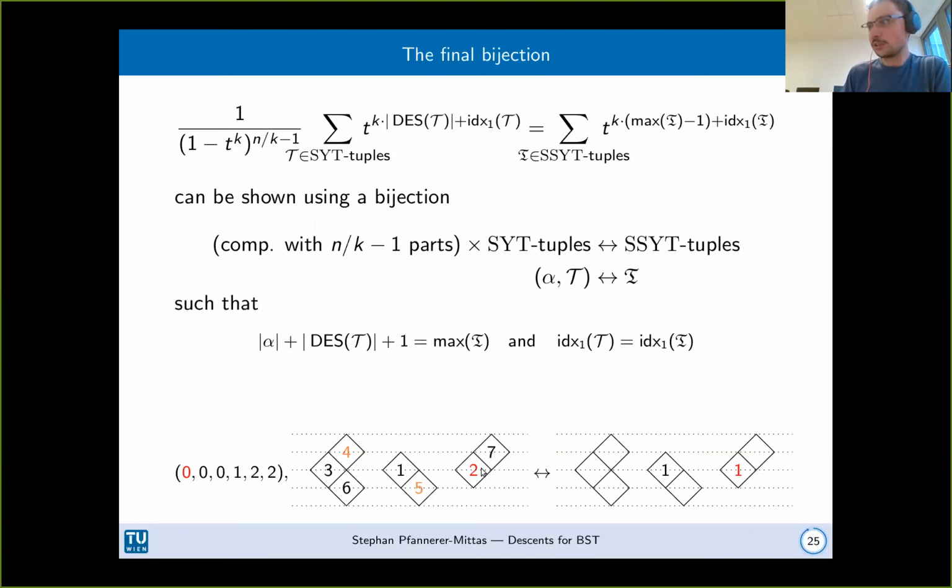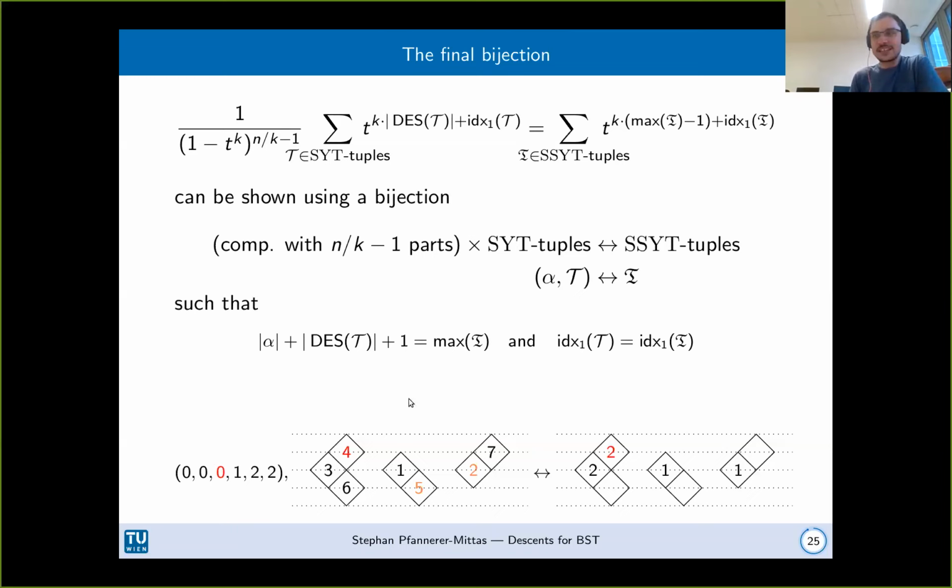So we will increment the value that we write in here. Instead of 1, we now write a 2. Going from 3 to 4 simply tells us the next value should go in here. And since 3 is not a descent, we will write the same value as before, which is 2.